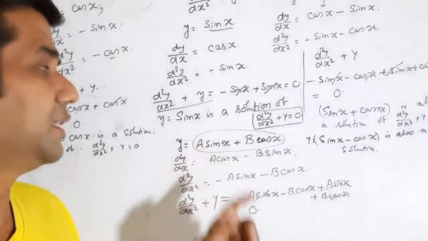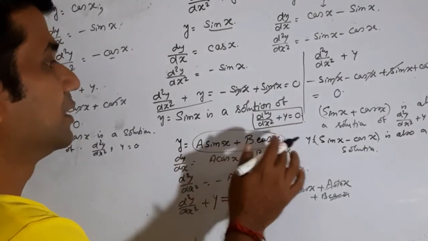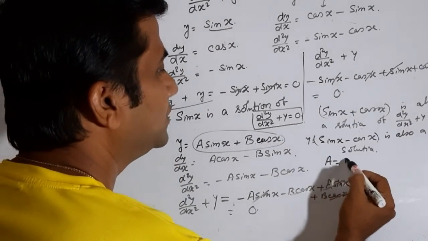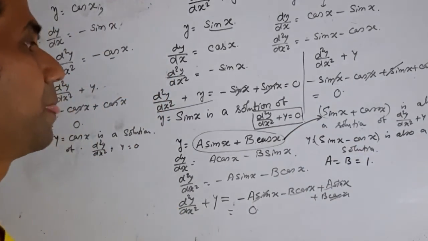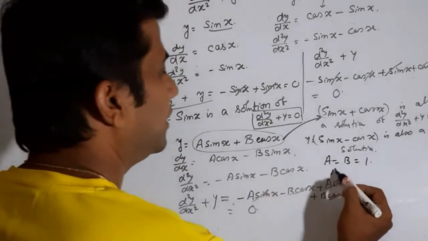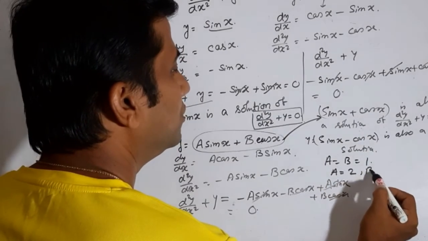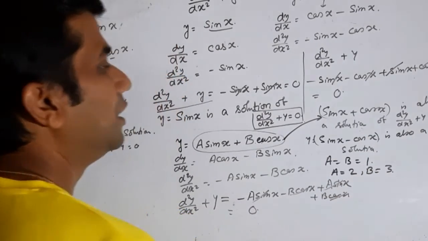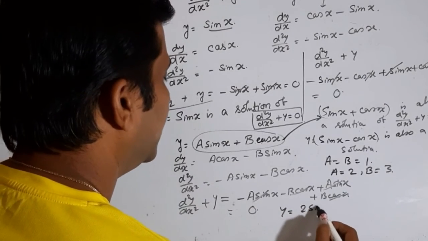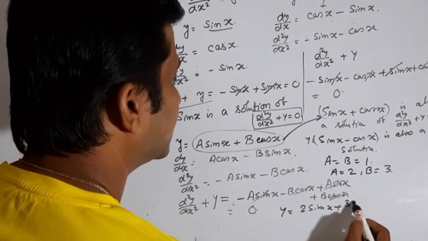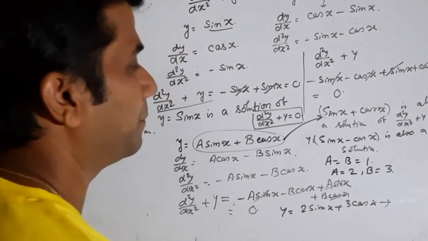From here you easily see that in a sin x plus b cos x, putting a is equal to b is equal to 1, we get sin x plus cos x. Putting a is equal to 2, b is equal to 3, depending on your choice, you get y is equal to 2 sin x plus 3 cos x. This is also a solution.